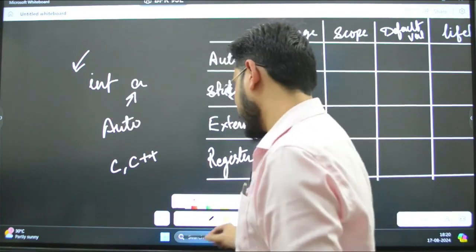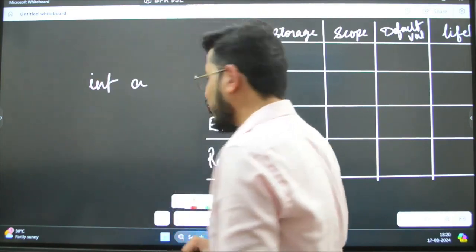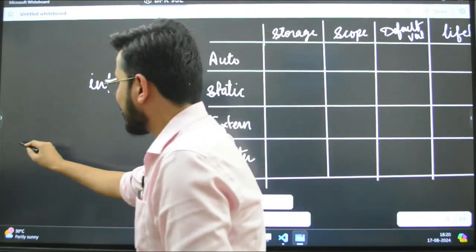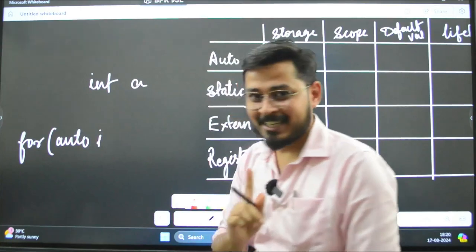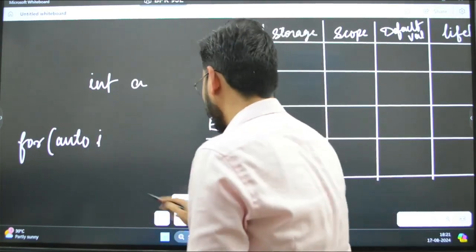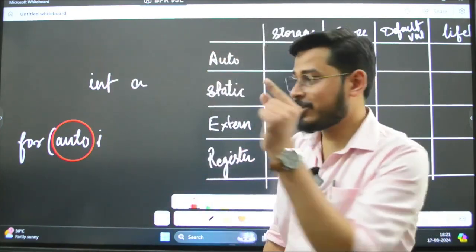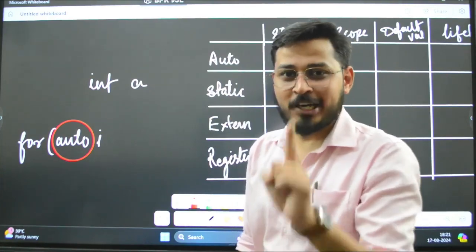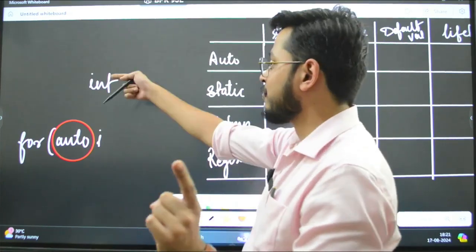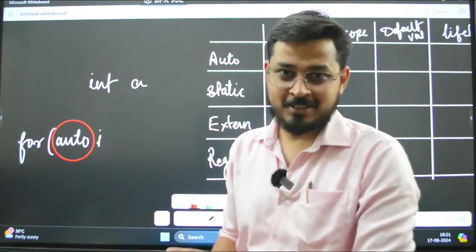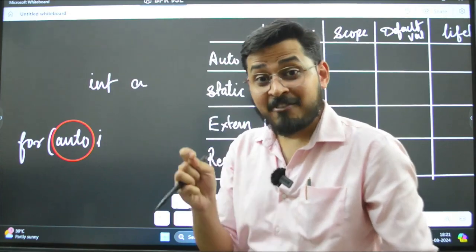Now guys, one more thing. You might have also seen people writing auto inside the for loop, right? You can say for auto i, something like this. This auto is very different from this auto. The auto that we use inside loops is very different from what I am talking about in storage class. When the time comes, we will cover that too.